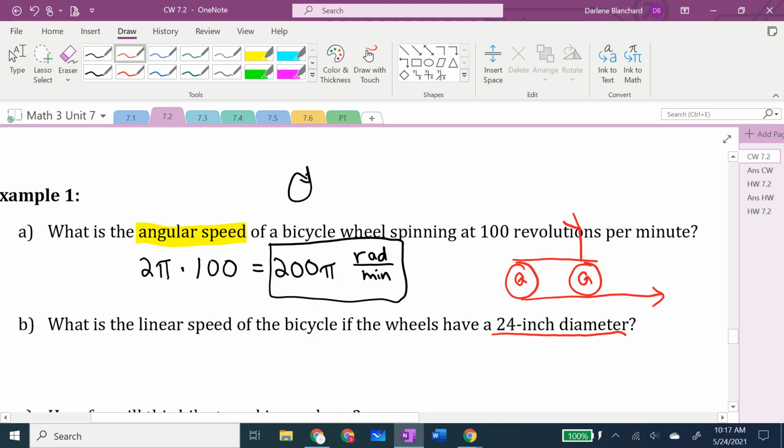Now, if you look above just a little bit, if you know angular speed, how do you go from angular speed to linear speed? So V for linear speed is equal to, and what's the formula?